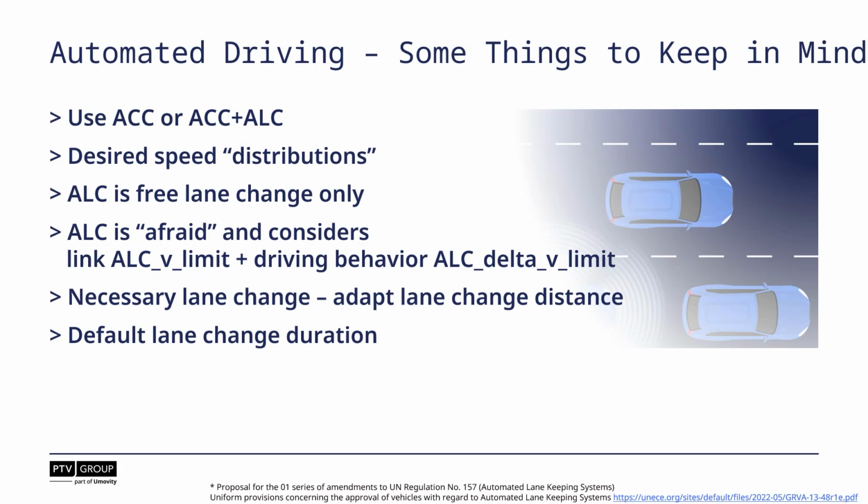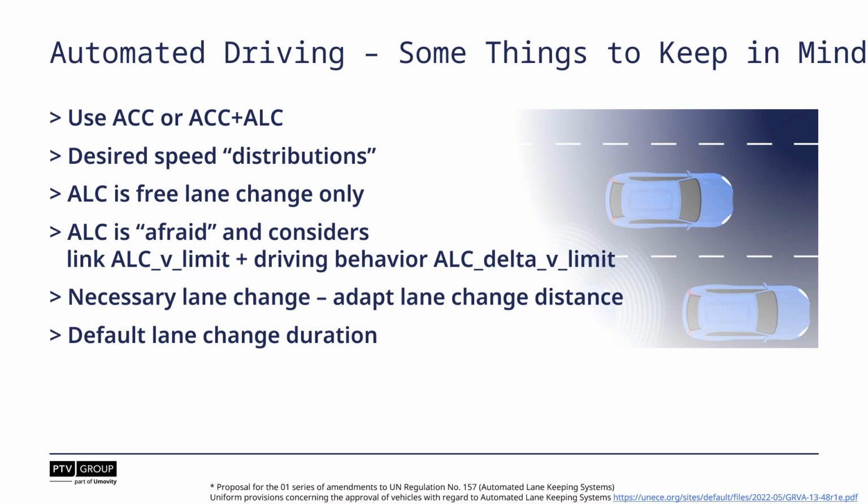AVs are afraid of unknown vehicles just outside of their look-back distance, and they assume worst-case speeders and therefore might not overtake. The link attribute ALC V limit specifies the base speed of the link that an AV considers for this, and it adds its own behavior's attribute ALC delta V limit on top of that.